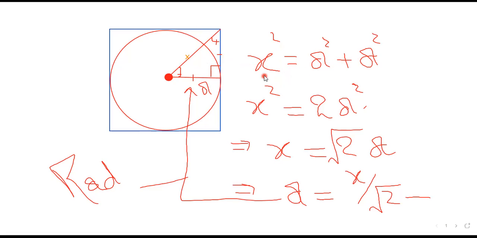So x square as it is, we'll have to add this to a square, and taking the square root on both sides, we'll get x on the left hand side, and on the right this will be square root of 2a square. So that must be a times root 2. Am I right? So this is absolutely the right answer.